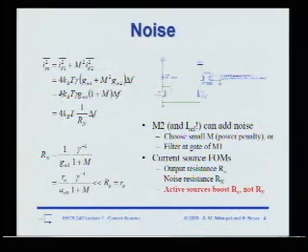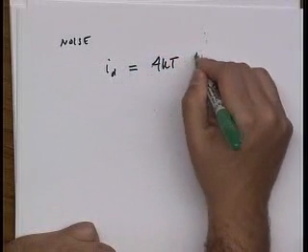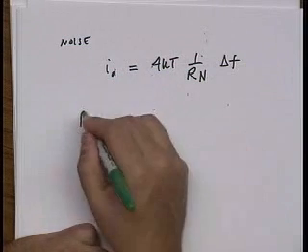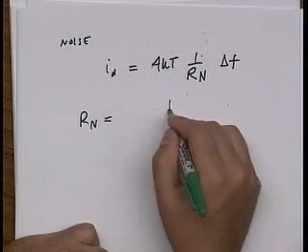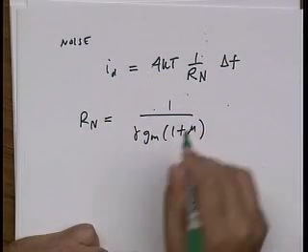I can write it as 4kT gamma gm times 1 plus m delta f. In other words, the noise looks like it's coming from an equivalent resistance Rn. Right? So the noise is basically 4kT 1 over Rn delta f, where Rn is 1 over gamma gm 1 plus m. Okay.